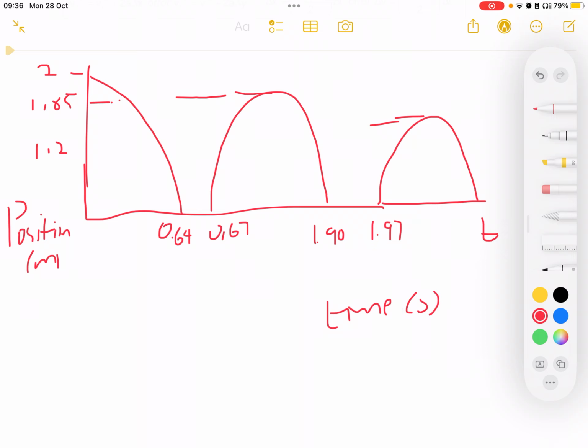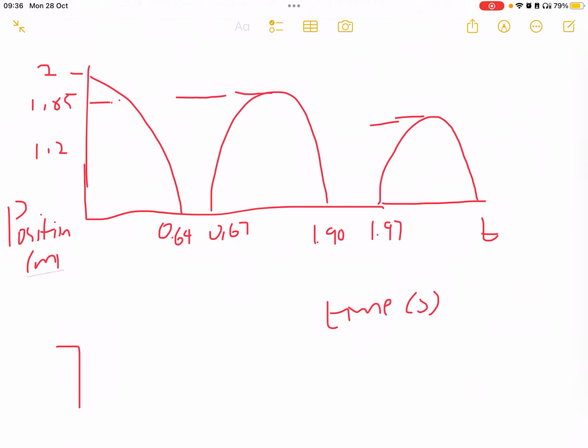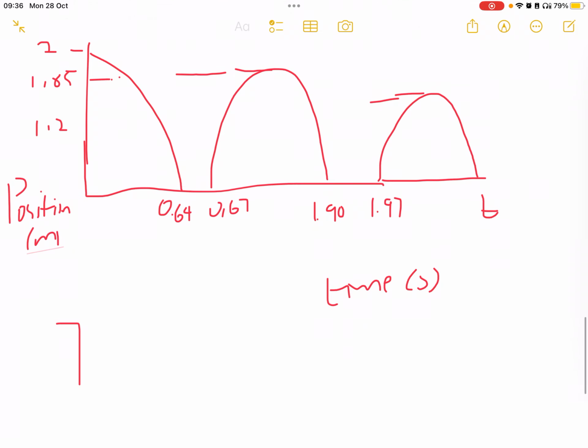So basically the ball was dropped from here.